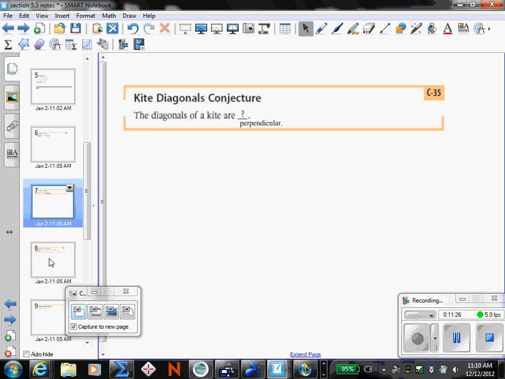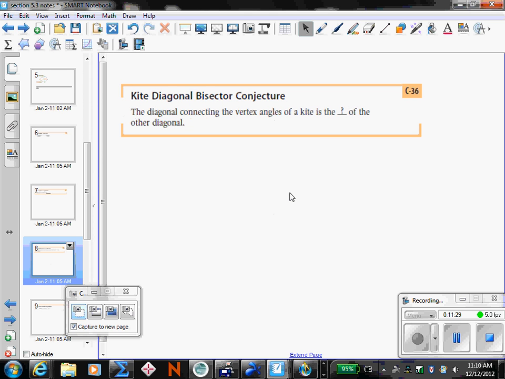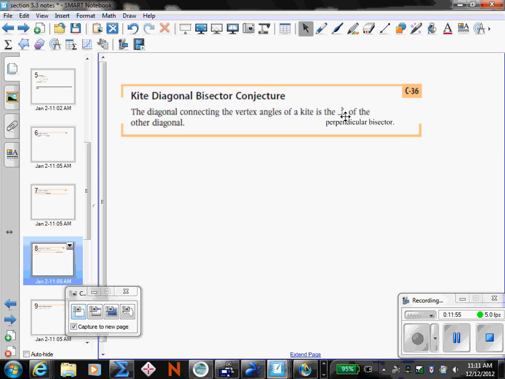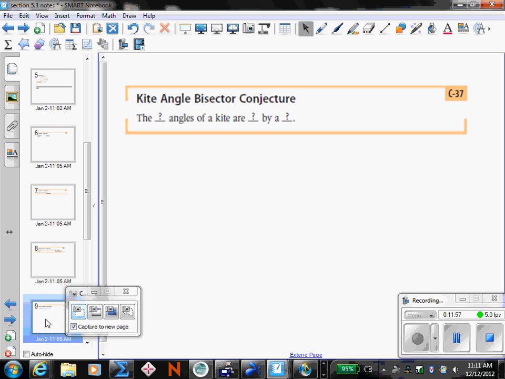The third conjecture, the diagonal connecting the vertex angles of a kite is the blank of the other diagonal. And the correct fill-in is perpendicular bisector. Perpendicular bisector. And then the last conjecture on a kite, the blank angles of a kite are blank by a blank.